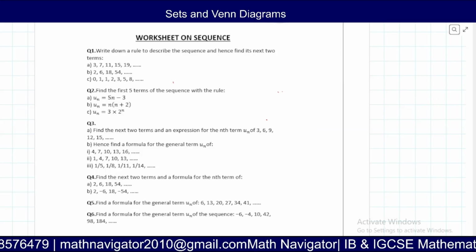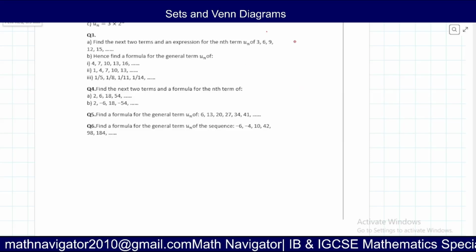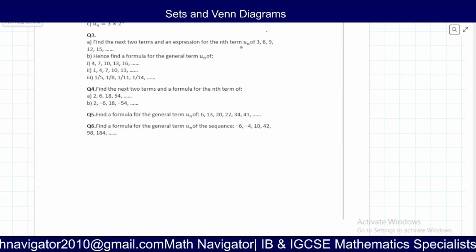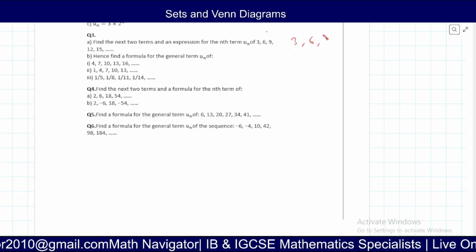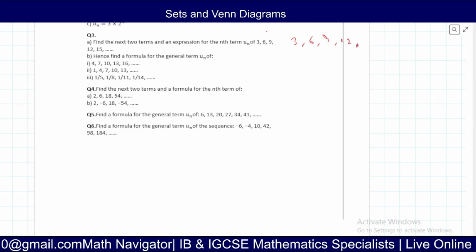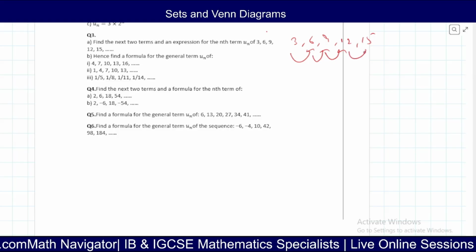This is a linear sequence, right? Why linear? Because it's like 3, 6, 9, 12, and 15. If you add 3, you will get the next term, right?